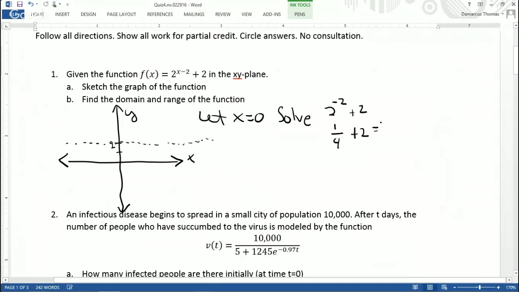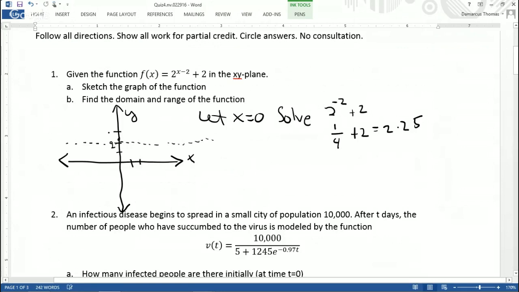So that's 2 1/4, or 2.25. And so we know when x is 0, it's just off that axis. And we also know when x is 2, we're actually at the point 3.